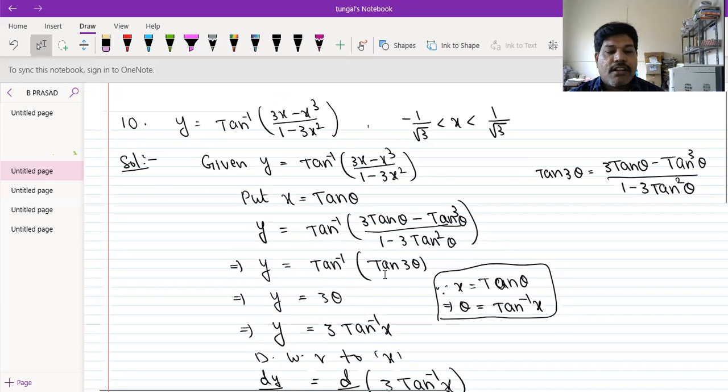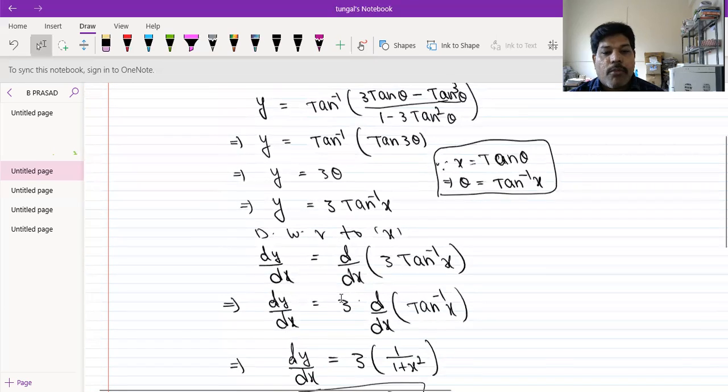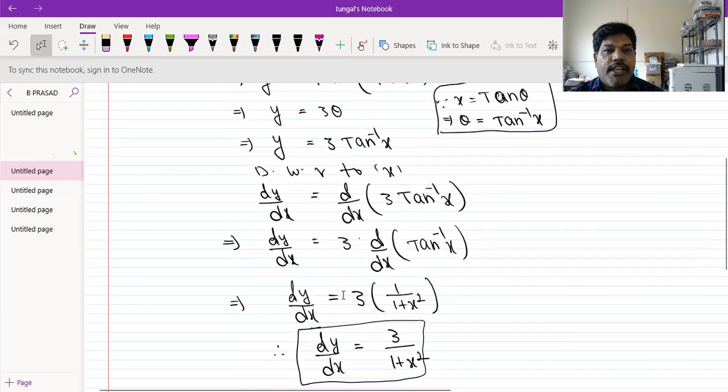Tan inverse and tan will be cancelled, and you get 3 theta. Theta is nothing but tan inverse x. Differentiating with respect to x, we get 3 into 1 by 1 plus x square. So dy by dx is equal to 3 by 1 plus x square. Do you understand, students? See that question and practice it.